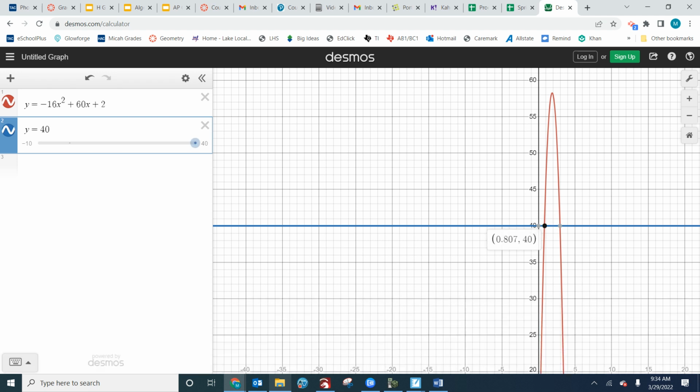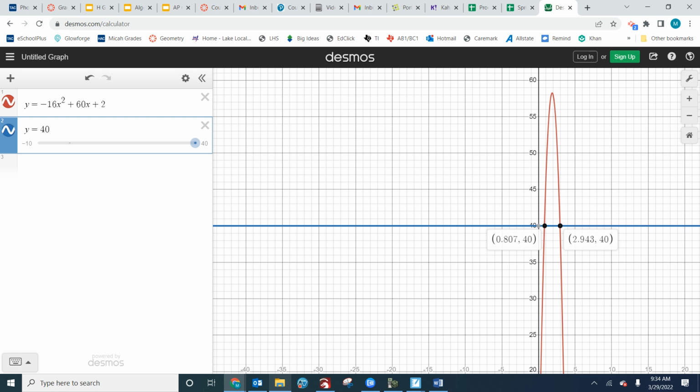Here's the measurements, or the time it took to get to 40, and it stayed above 40. What do we do with these two times? It took 0.81 seconds to get to 40 feet, right? When did it cross 40? So what do I do with those times?